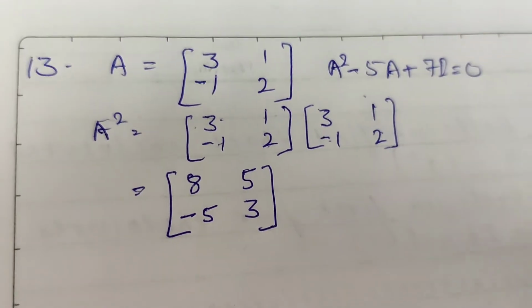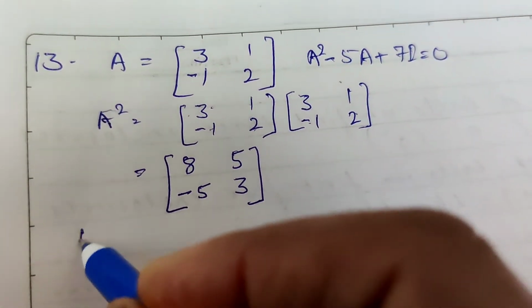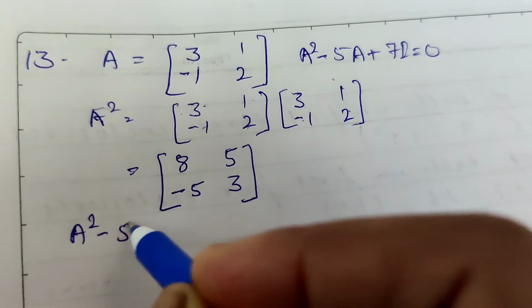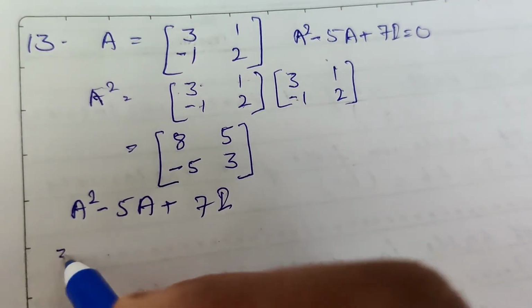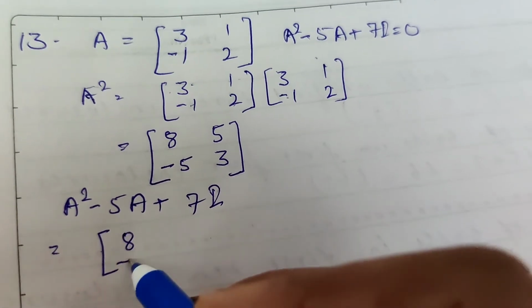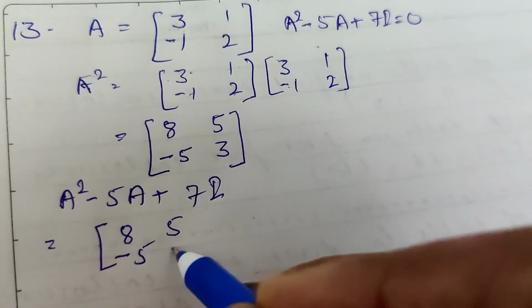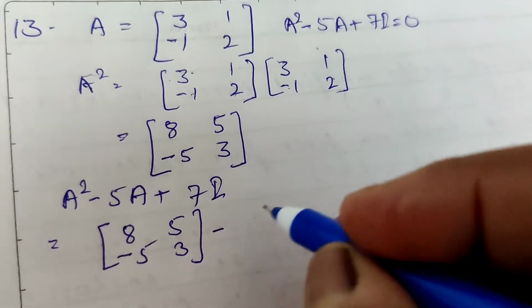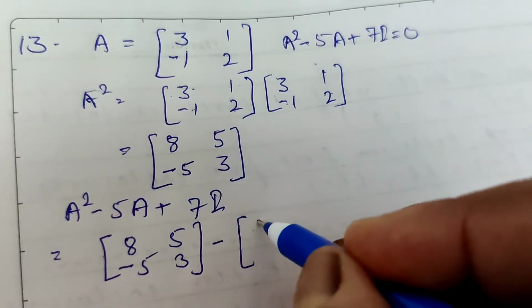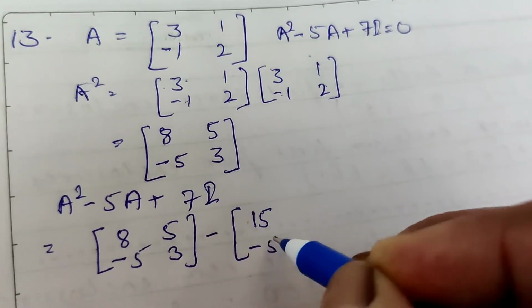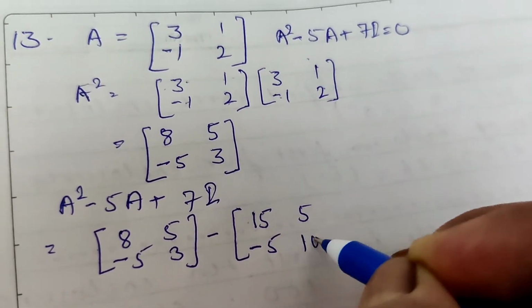Okay. Now find the value of A square minus 5A plus 7I. A square is 8, minus 5, 5, 3. 5A means 5 multiplied in each element: 15, minus 5, 5, 10.